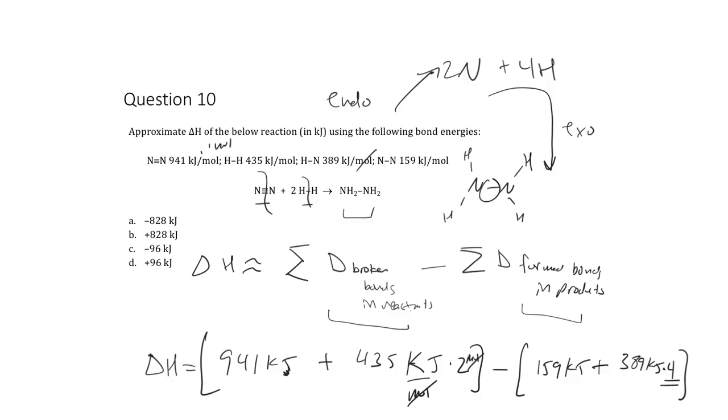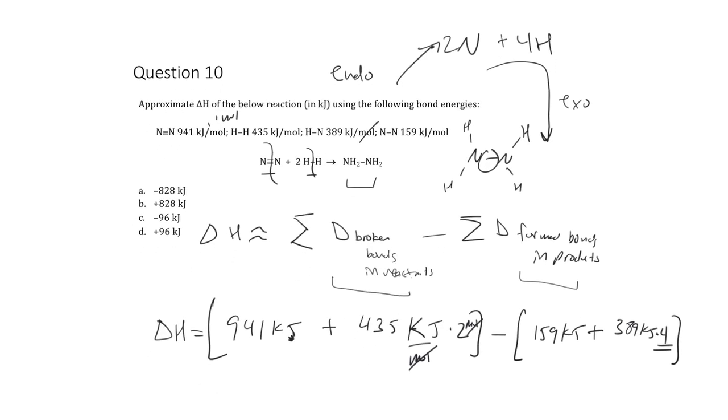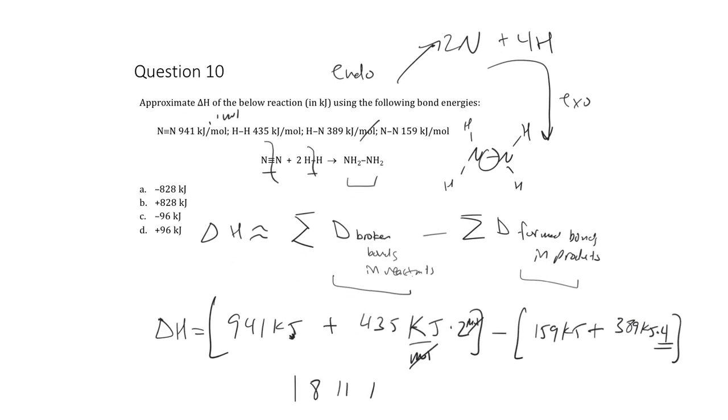So it looks like I'm breaking some pretty strong bonds. It takes 1,811 kJs to break the bonds in the reactants, and then I get back 159 plus 389 times 4. So I'm only getting back 1,715 kJs.